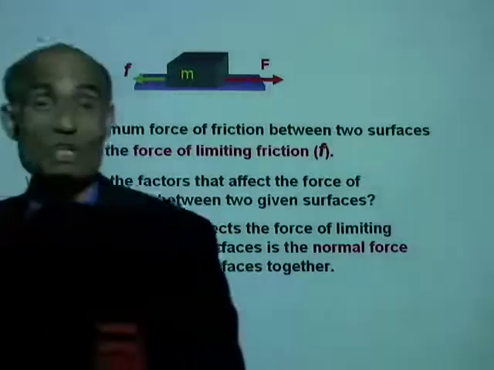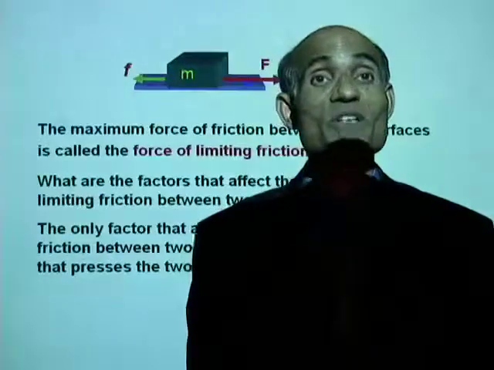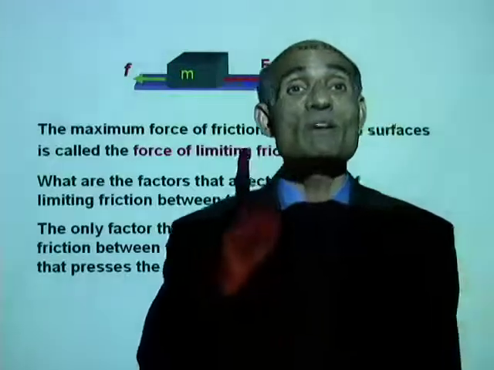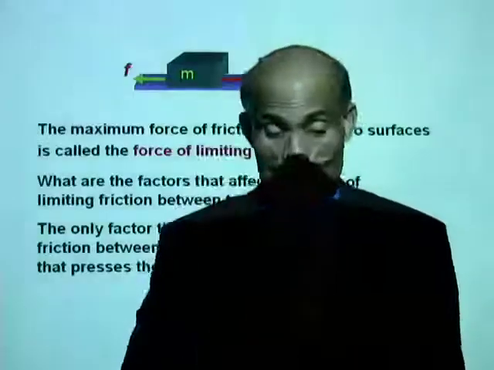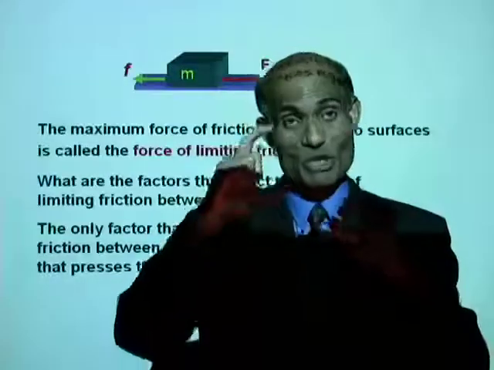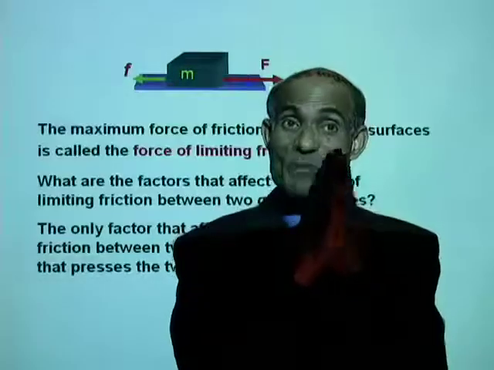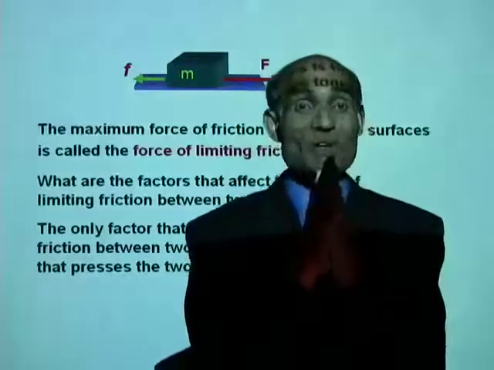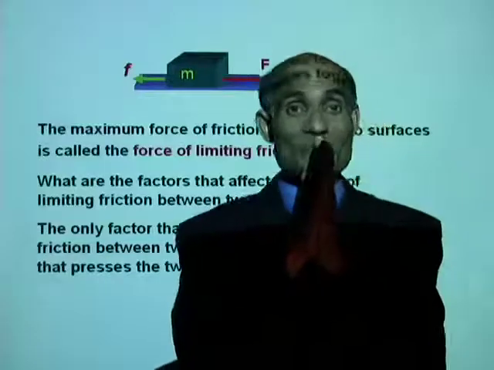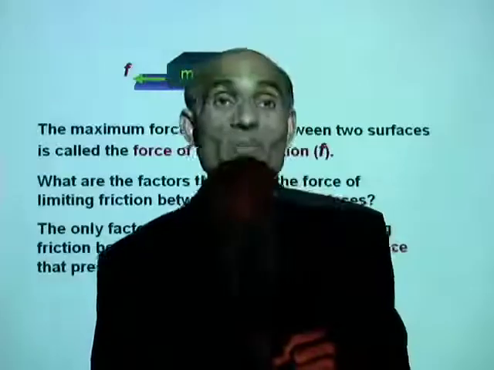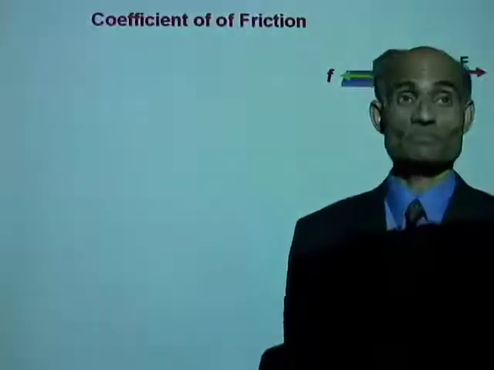So whatever the normal force is, the force of limiting friction will depend only on the normal force between the two surfaces. Of course, it depends on the nature of the surface. We are talking about, for given two surfaces, the force of limiting friction depending only on the normal force.